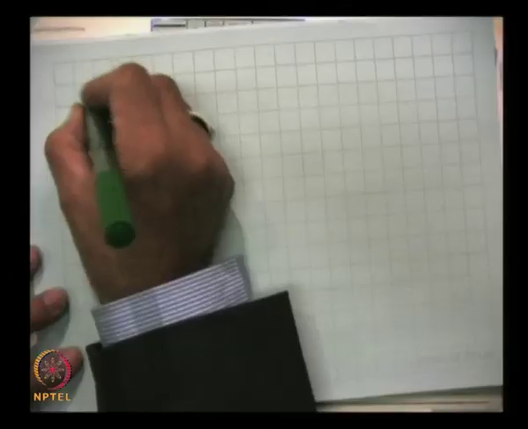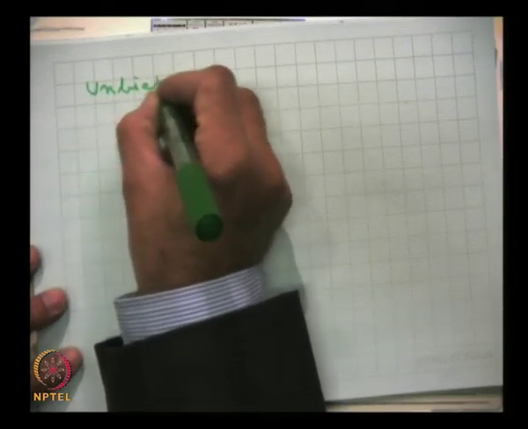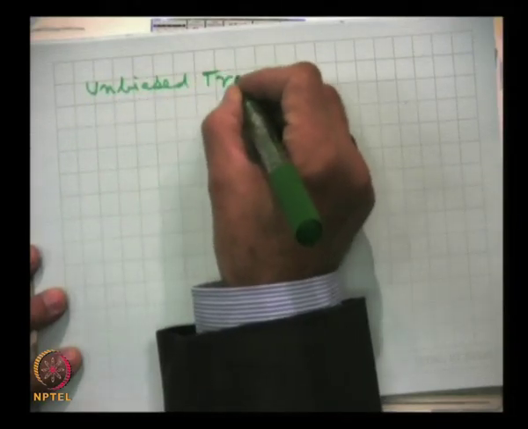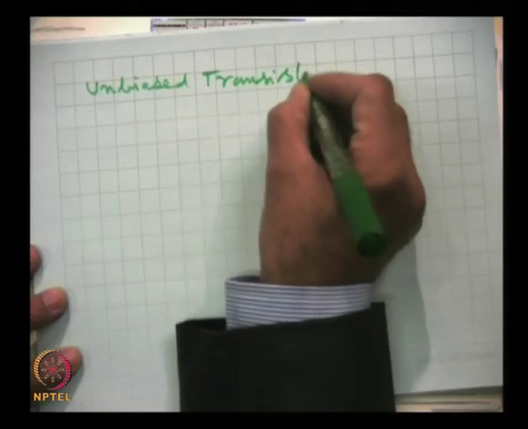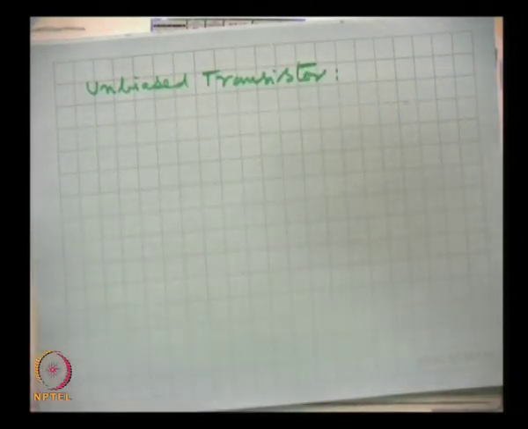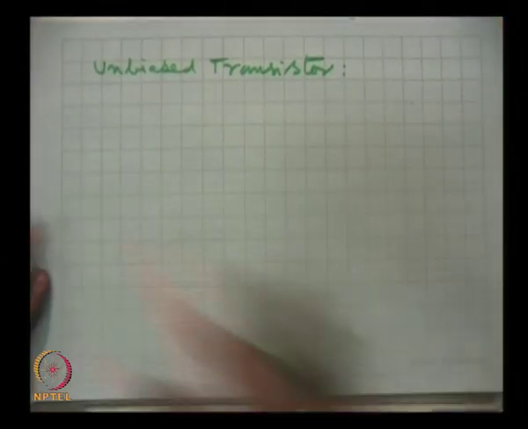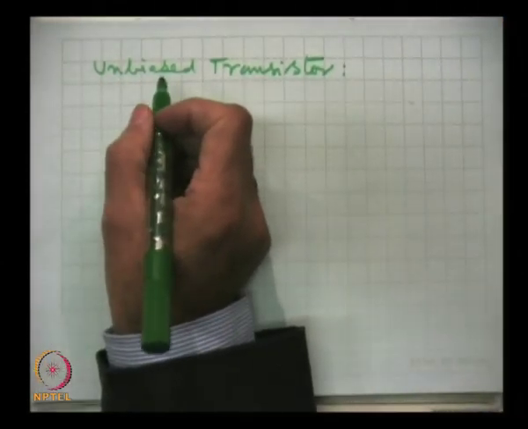what happens when a small region, what we call the base, has n type regions on both sides. So, first is an unbiased transistor. Unbiased transistor means that there is no external voltage applied to the device yet.